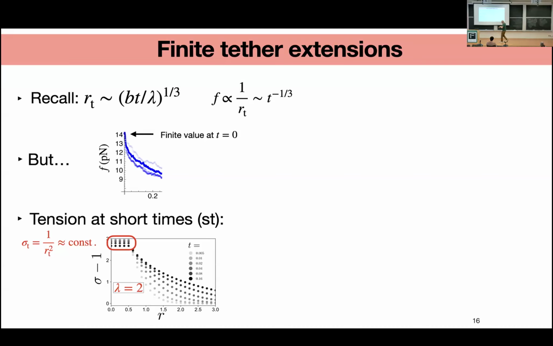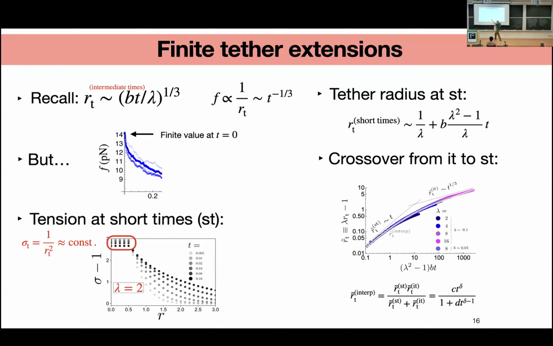Again, I'm sliding over a lot of details, but that's going to imply that there's slightly different dynamics at short times as compared to what I would call intermediate times, which is what I've spoken about already. So roughly speaking, at short times, at t equals 0, in fact, the radius is not 0. It's 1 over the extension factor.